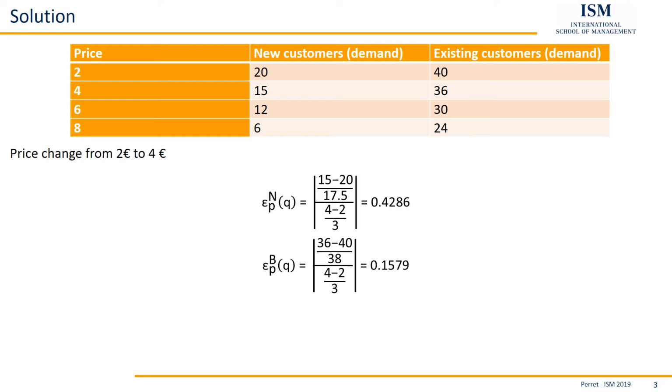So again, this is smaller than 1, so here as well we have an under-proportionally strong reaction. It's inelastic. And we can see that the existing customers react more inelastically than the new customers, meaning they react even less strongly to any price change.